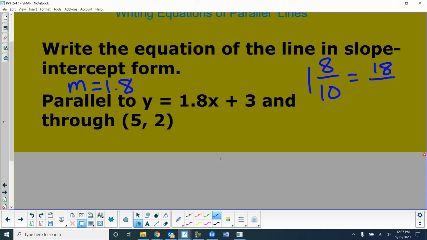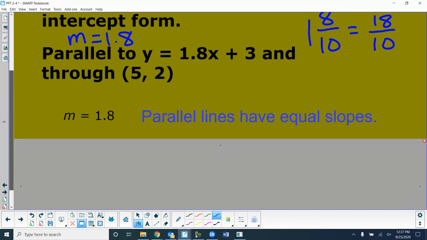Do we remember that? Well, now you do. So if you need to do perpendicular, what are we going to say our slope is? Negative 10 over 18, which we would say 5/9, right? We would reduce it.